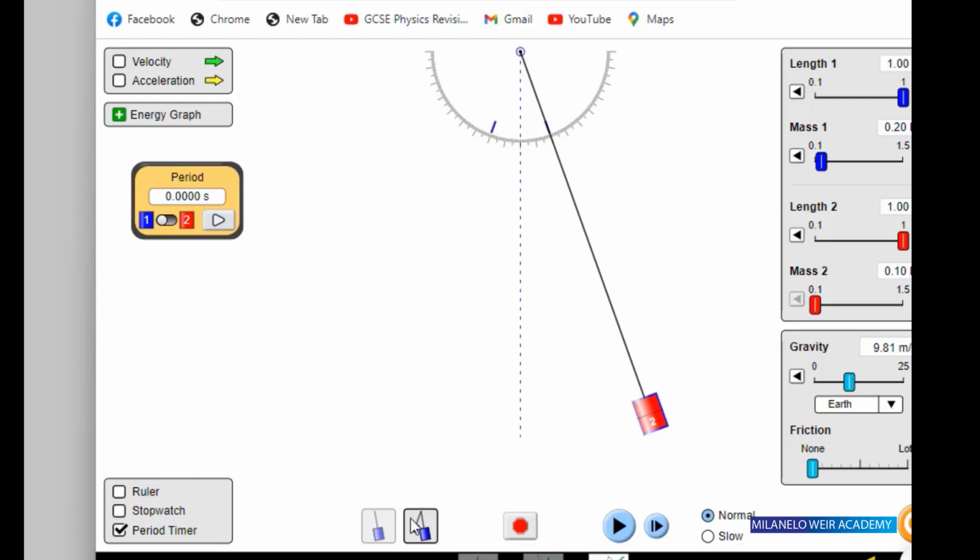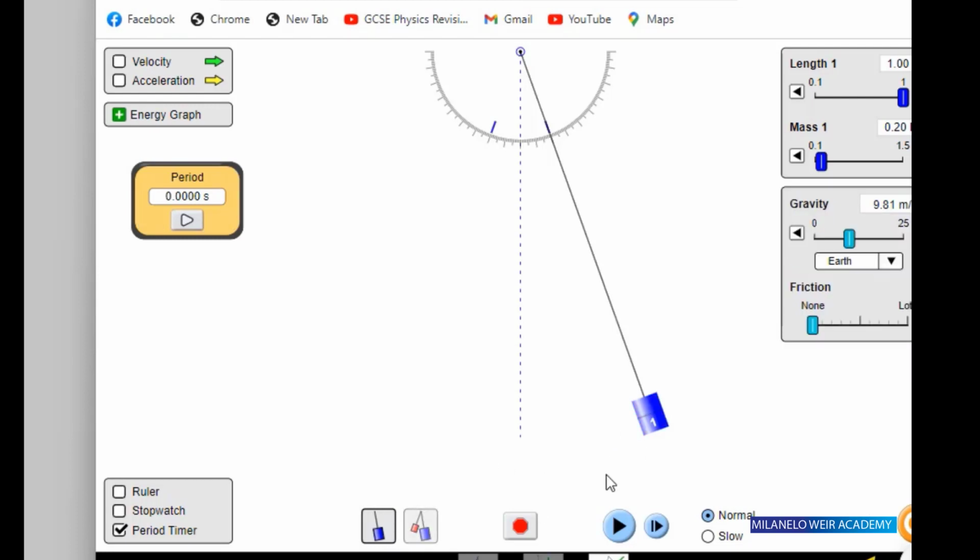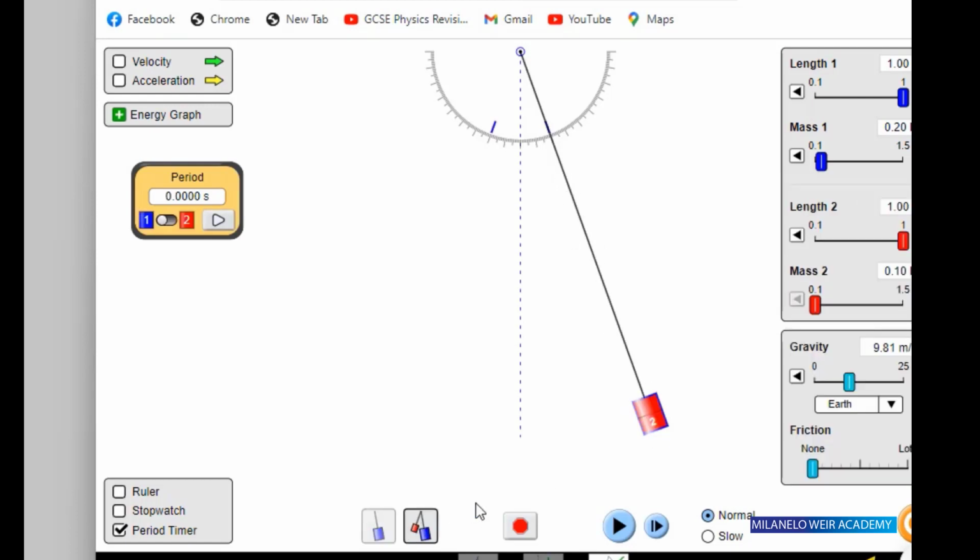So if you can notice here, we can choose one pendulum, but okay, we want to use two of them. So we are going to test the length first. If we test length, everything else has to be the same. Let me try to move this. You see, there are two pendulums here.